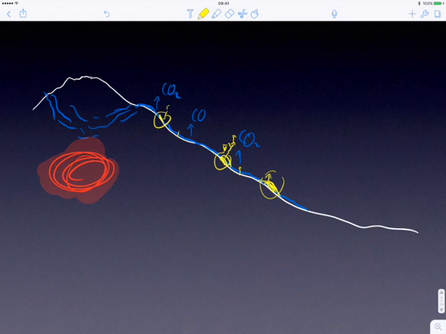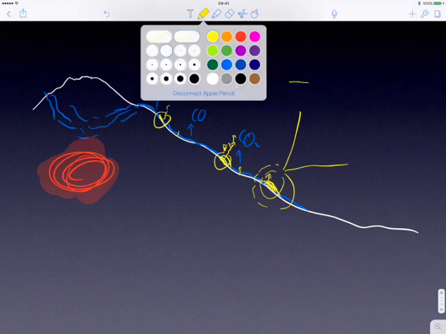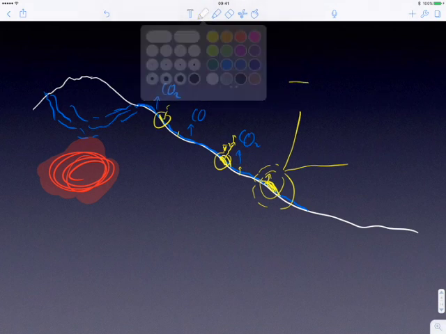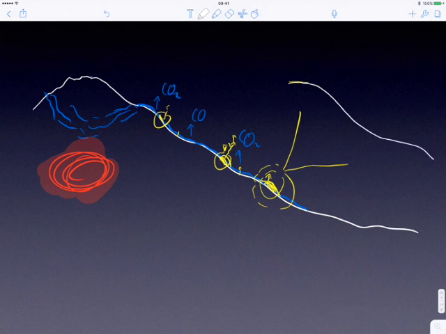And as you're growing, I'm going to increase the magnification here. So you will have something like that. Let's take white.